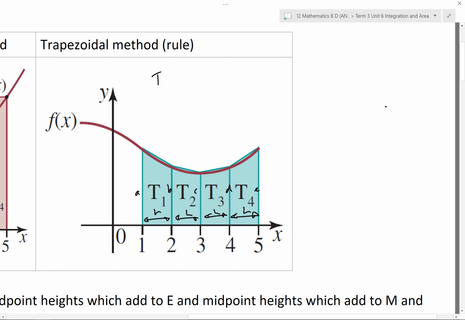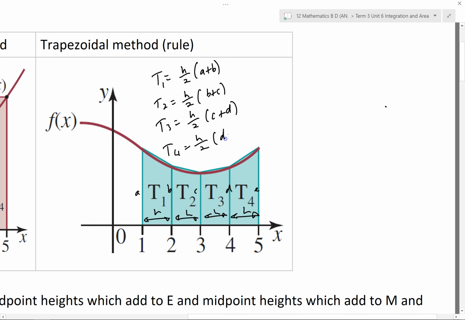If I wanted to find the area of T1, it would be h on 2, A plus B. If I wanted to find the area of T2, it would be h on 2, B plus C. And I could do this all the way through for the 4 trapezoids, just using your normal trapezoid rule of a half, A plus B, times h. So what's common here is that we've got the common h on 2.